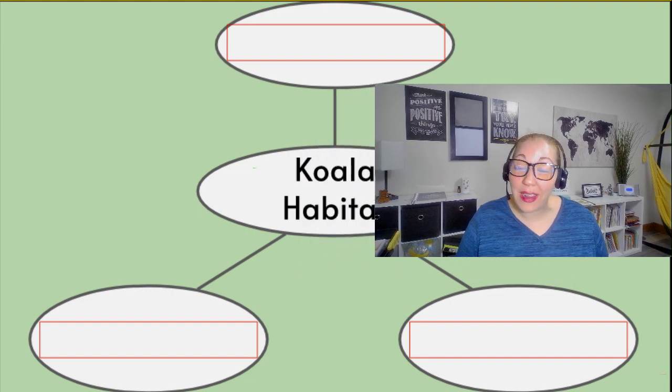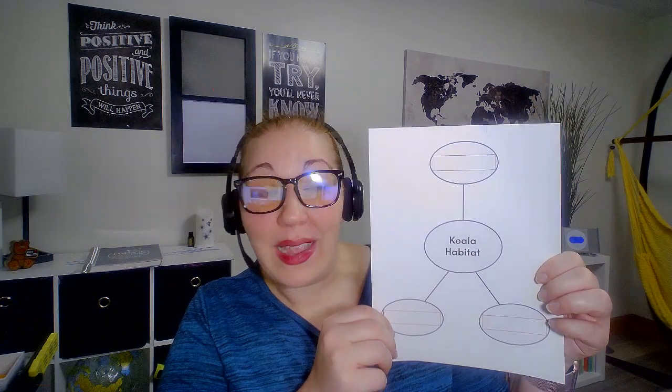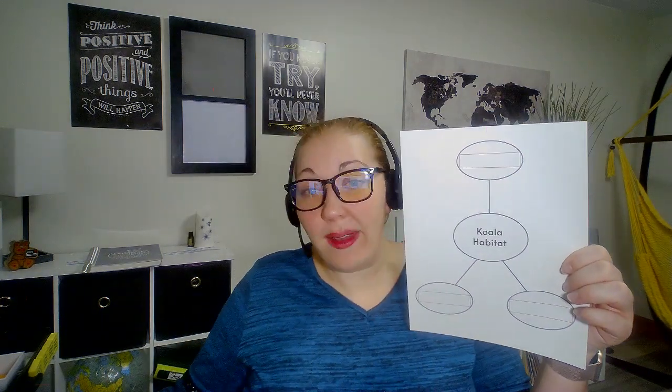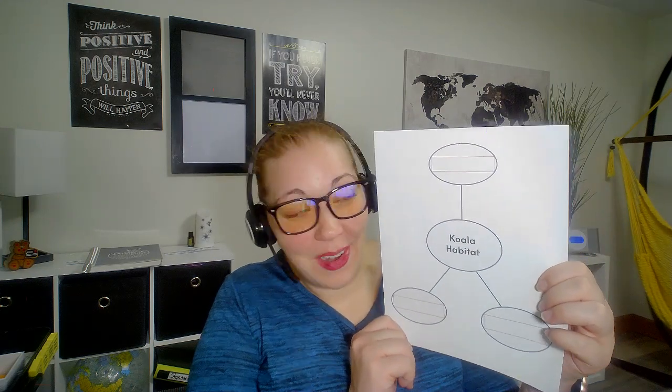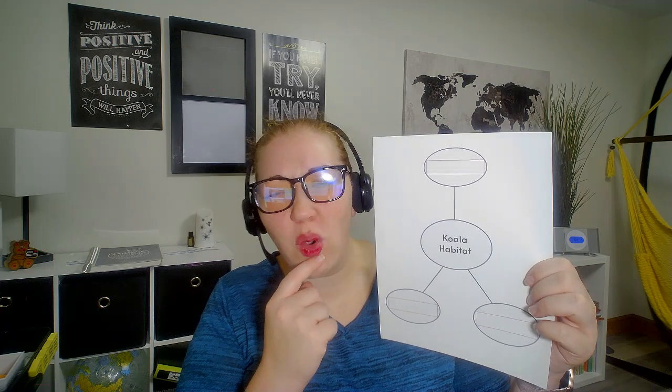Okay, friends, we are going to work on our word web to make up our koala habitat. So, on Google Classroom, you can get your koala habitats, and you can either print it or you can use the Kami extension. I'm going to try and think of 3 things. Where do koalas live?